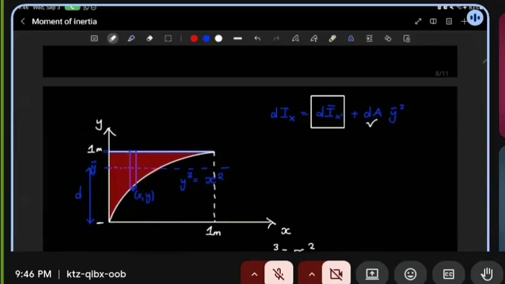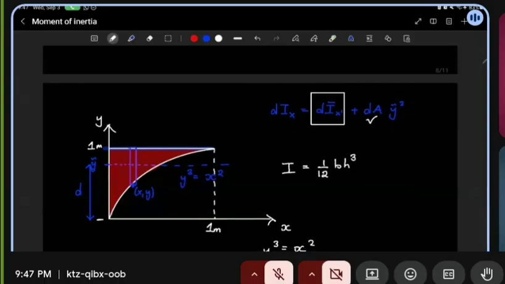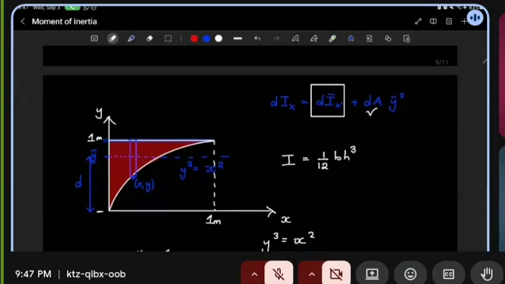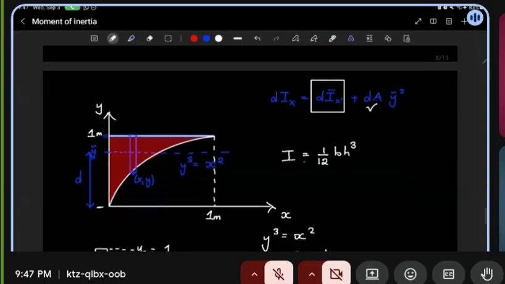With that done, the only other thing left is this part, the moment of inertia about the centroidal axis. So we know that the moment of inertia of a rectangle about its centroid is given by 1 over 12 b h to the power 3, for our shape like this, about the x-axis.